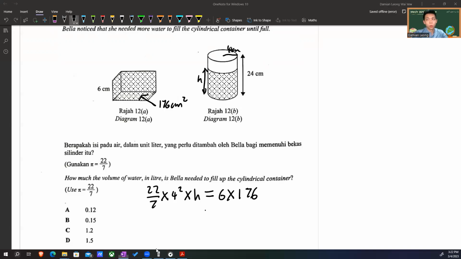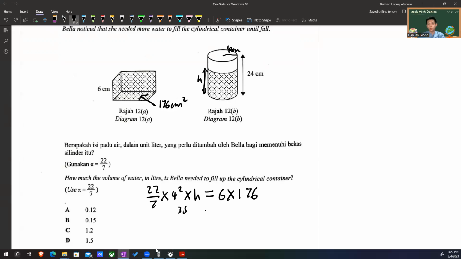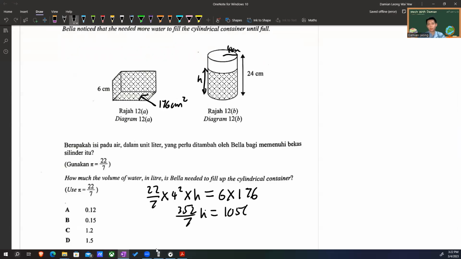So 22/7 times 4 square. 352/7 h is 6 times 176, 1056. Bring over the fraction. Opposite of fraction is flip the fraction around.